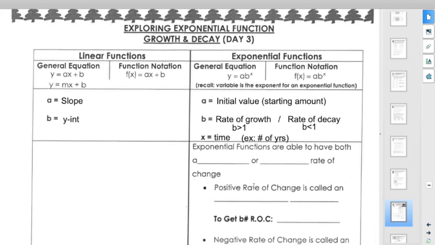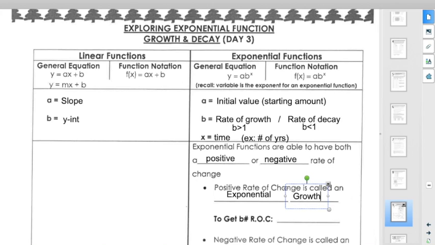Exponential functions are able to have both a positive or negative rate of change. And that makes sense. A positive rate of change is called exponential growth.